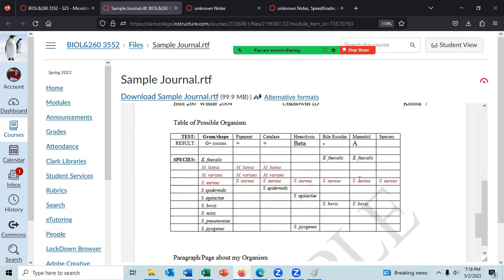You can't do two tests to confirm it, but you can do one confirmation test, meaning if this test narrowed it down to one, you may do one further test to confirm that this is your actual species of identification. Okay. It looks like he did two confirmation tests, and I'm not sure why he did two, because it looks like they excluded the same species. So, all right, any questions about this?